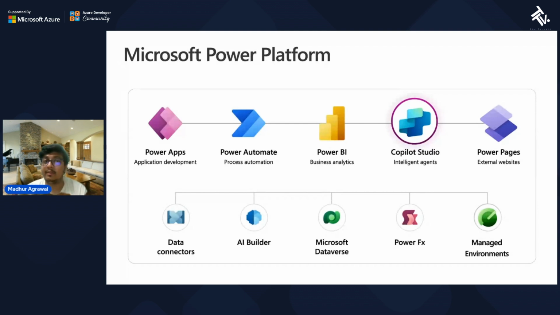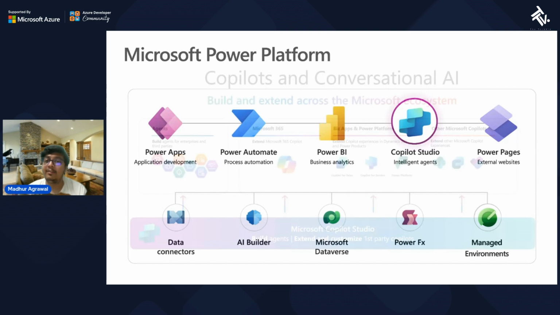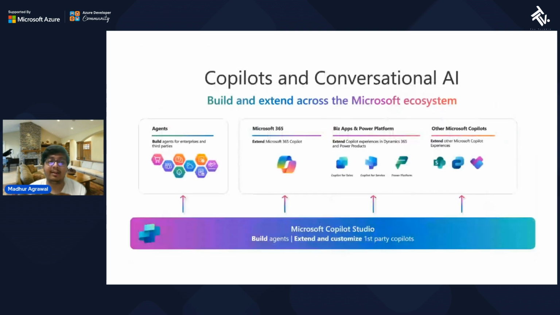The Microsoft Power Platform has this Copilot Studio, which helps you integrate intelligent agents in your data pipelining process, or your applications, maybe your .NET applications, Java applications, and all of that. So, copilots and conversational AI, we will be talking about it. We have agents that are provided by Copilot Studio.